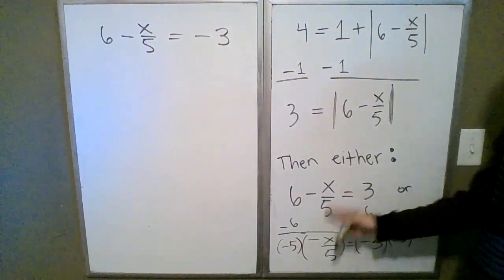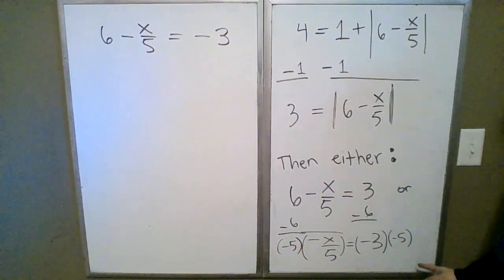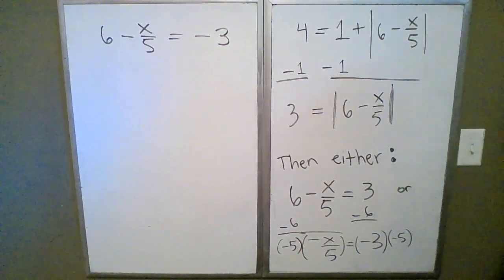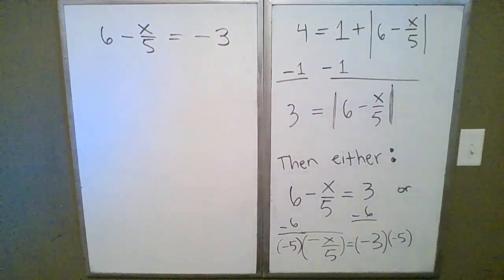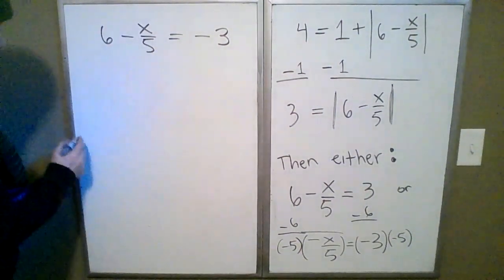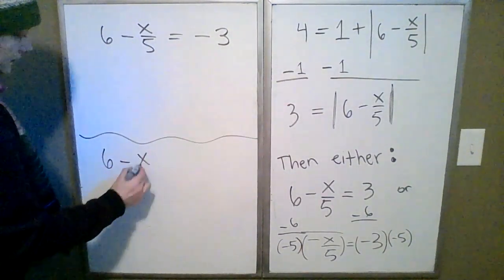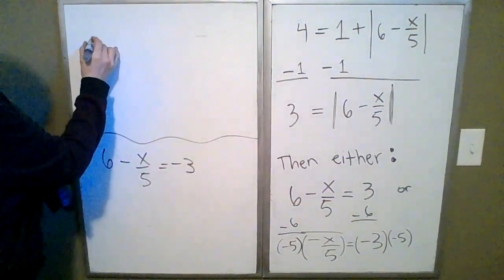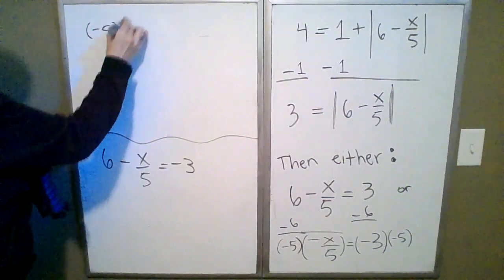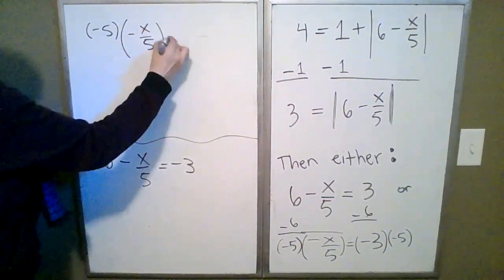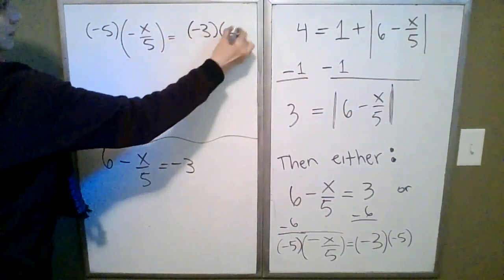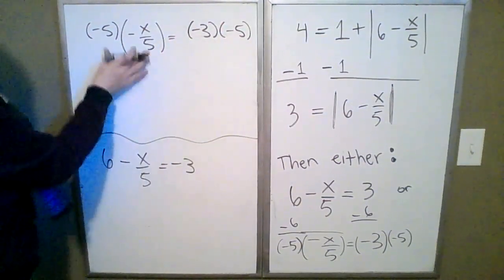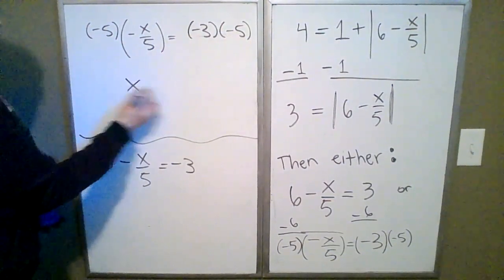Okay, so I subtracted 6 from both sides, then I multiplied both sides by -5, and when I do that, I get positive x equal to +15. x is left over on this side.